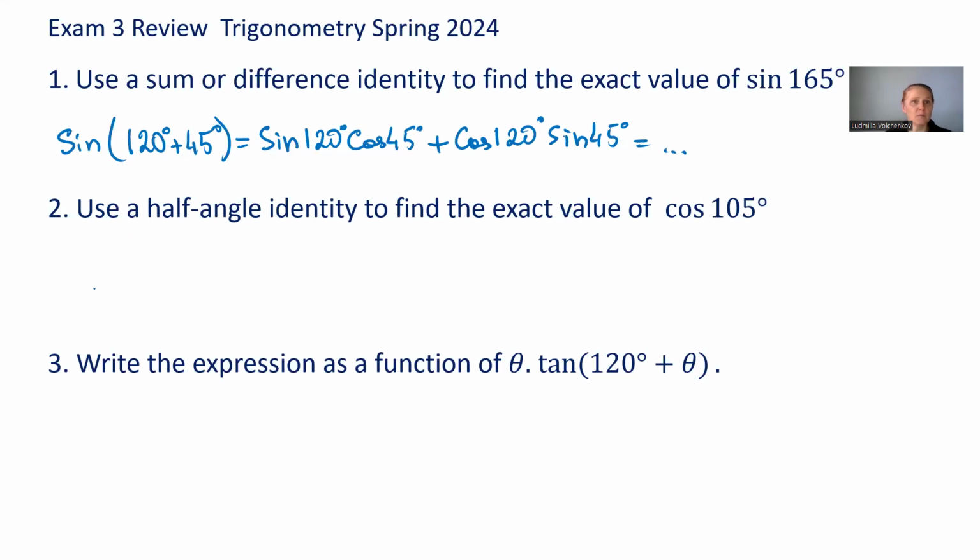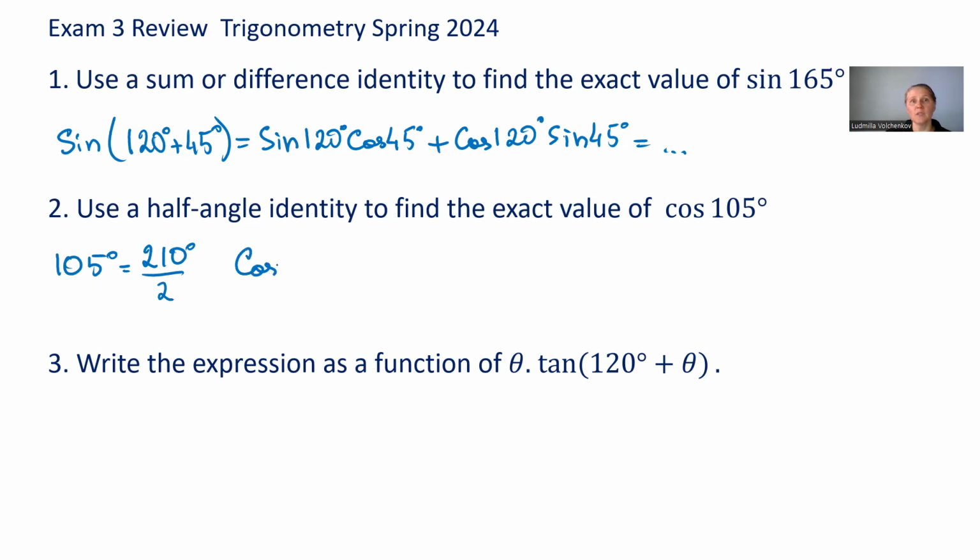In the next problem, you need to apply the half angle identity. So it means that the given angle should be represented as a half of another angle, 210 over 2.